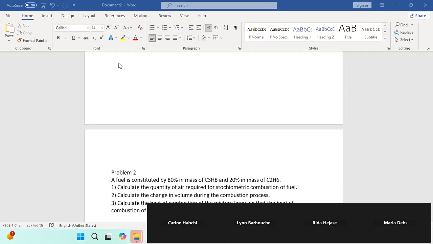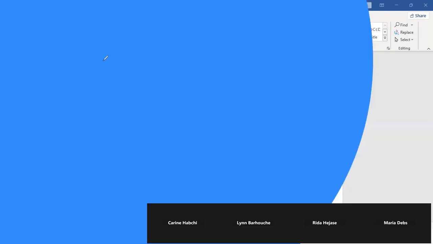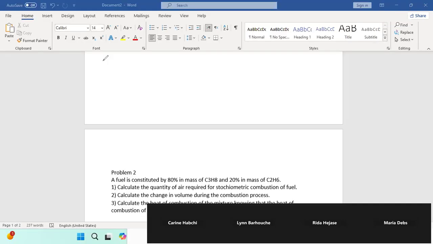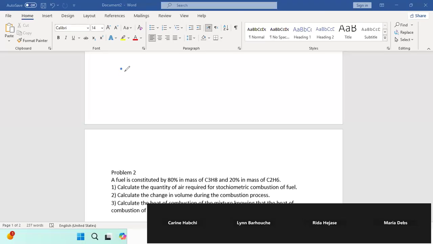And we said that to use this method, we need to determine the percentage of carbon and the percentage of hydrogen in our mixture, and both are percentages in mass. So to determine these percentages, we should go back to the given.